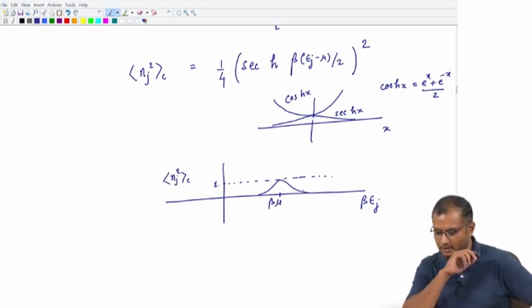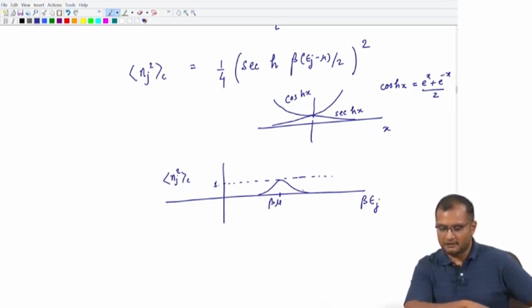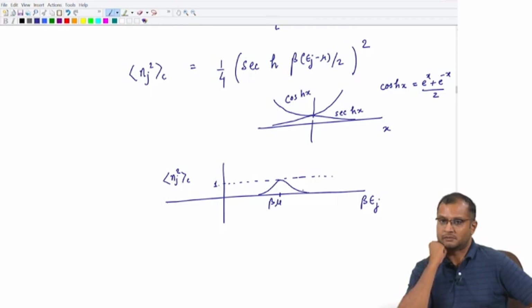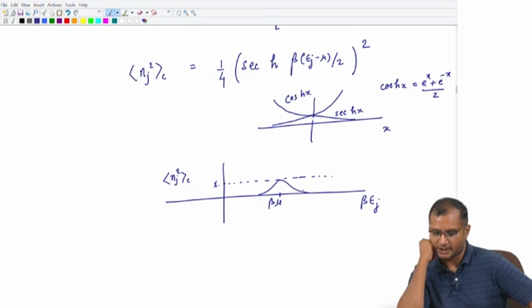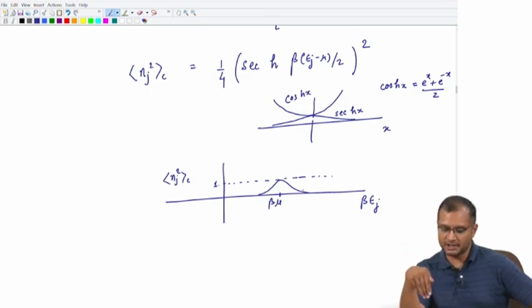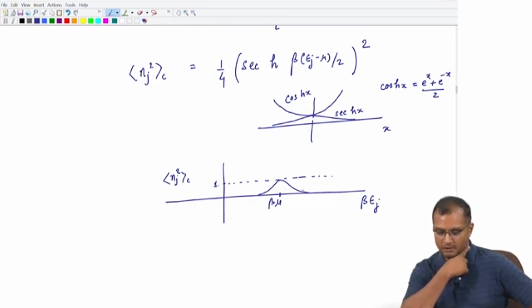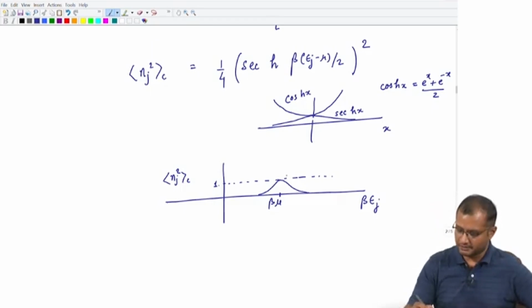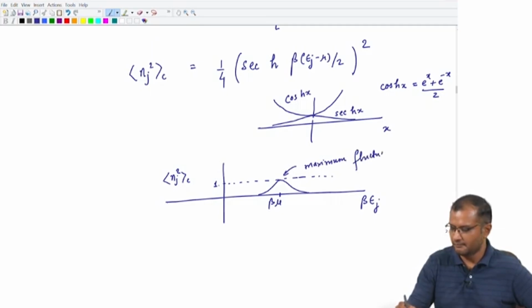So, when E_j becomes mu, you will have maximum fluctuation, because that is where sech becomes 1. Away from it the fluctuation will go to 0 rapidly. If mu was 0, then this shift in peak would come back to 0, but mu is not 0, and so you have a maximum fluctuation near the Fermi surface.